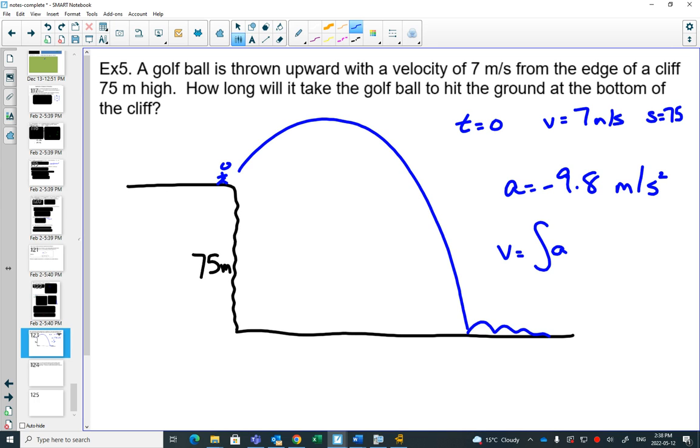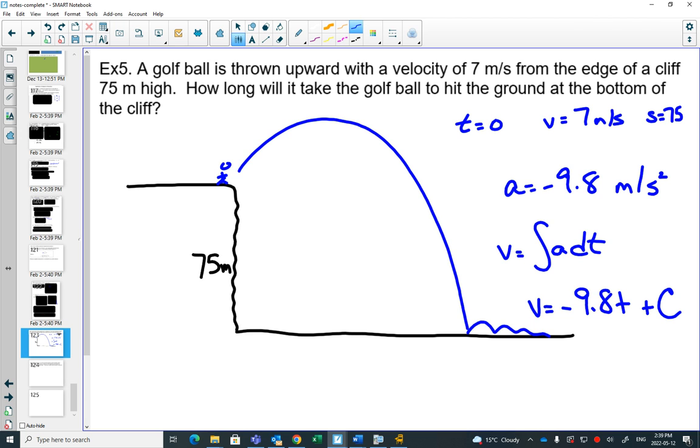What variable do you want to use? T? T for time. And so we get our velocity is negative 9.8 t plus c.